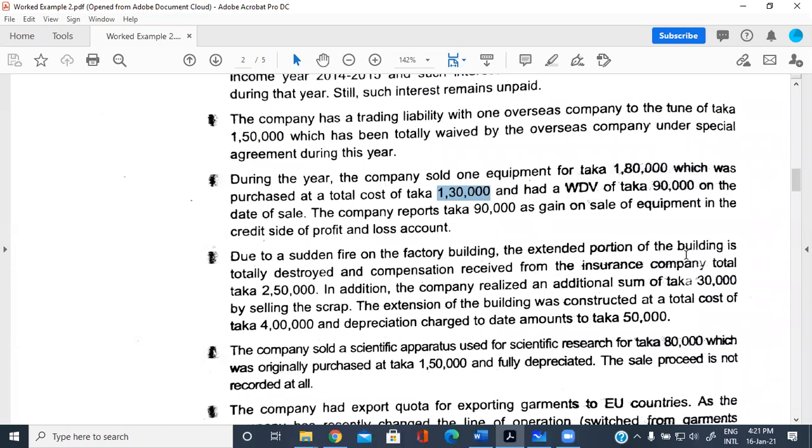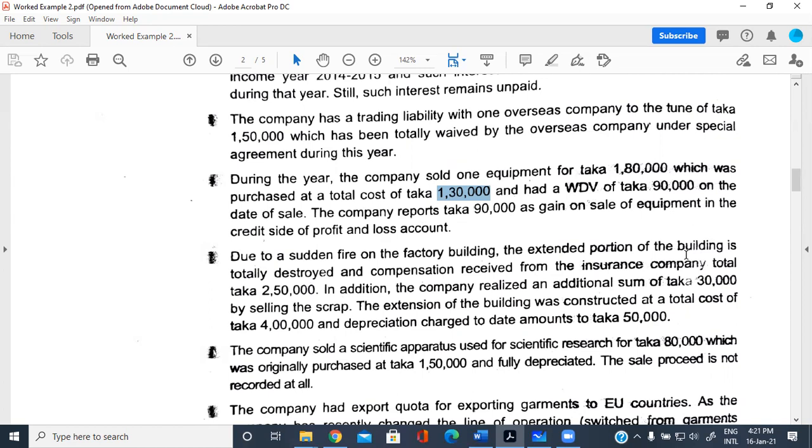So in that case, what do we need to do? What will be your suggestion to make adjustment here? How can we make adjustment here? 90,000 has already been added here in the profit. Sir, we need to deduct the 50,000.